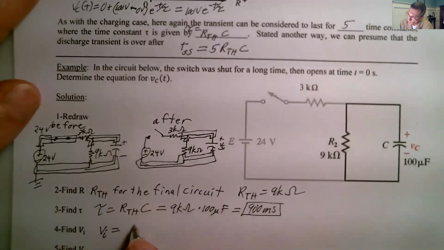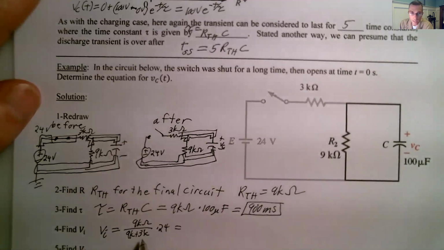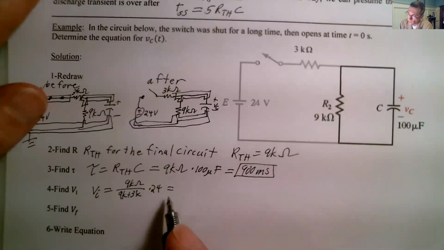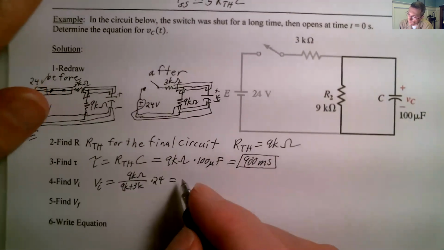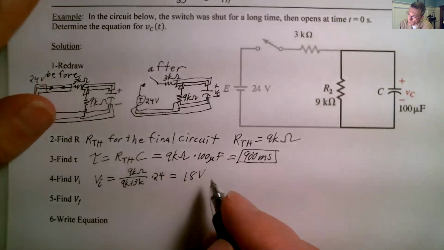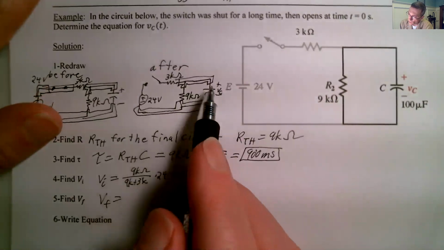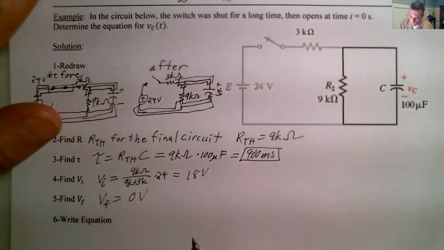So V initial is equal to 9 k ohms divided by, because it's a voltage divider, 9k plus 3k, times 24. 9k plus 3k is 12. 24 divided by 12 is 2. 2 times 9, so we've got 18 volts. V final: there's no source over here, so V final is 0 volts.